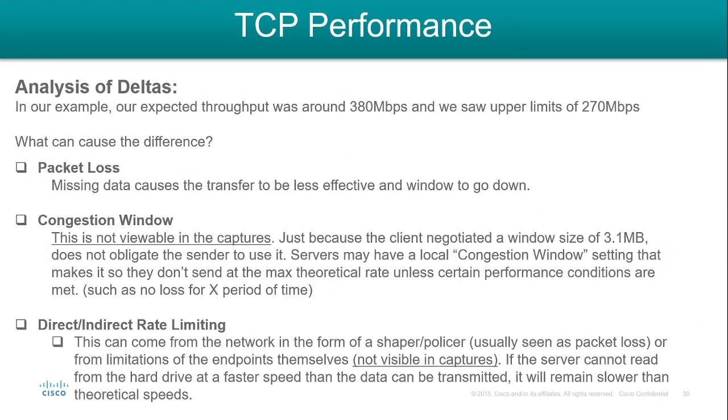So in our example, the expected throughput was around 380 megs, and we saw upper limits of 270, a difference of about 100 megabits per second.